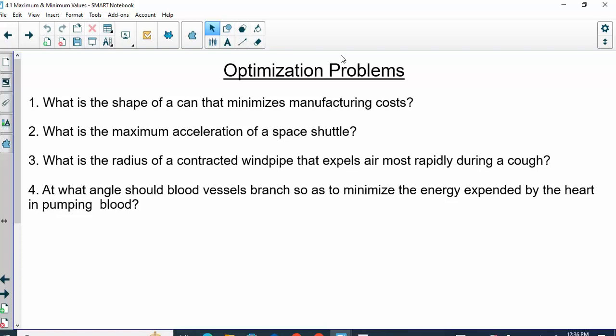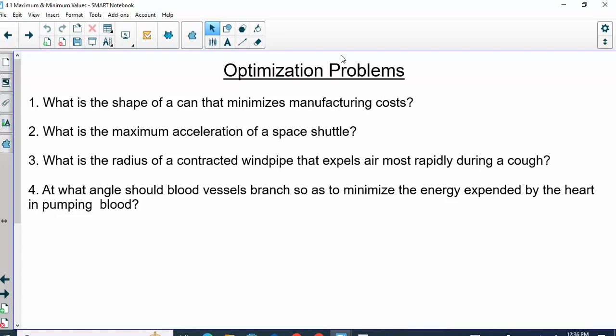Now this has a lot of applications. If you think about manufacturing, you want to make a certain shape of a can that would minimize your cost, right? That seems legit. We would want to make our costs as small as possible. If we think about any kind of business, you want to maximize your profits.